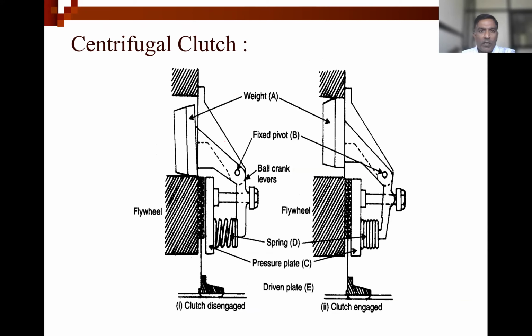So I'm stopping here. Tomorrow we will take the centrifugal clutch, another type of gradual engagement.